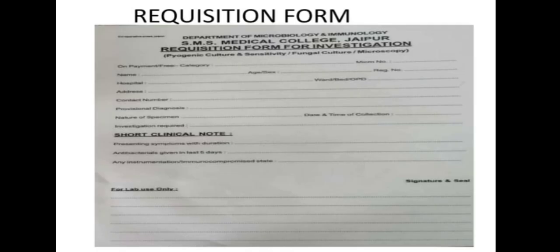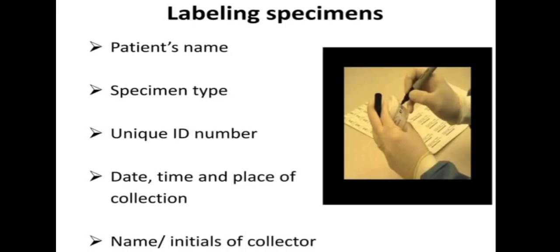This type of requisition form is used. This is one form I have collected from the internet, from SMS Medical College of Jaipur, a Government Medical College form. You take this requisition from your lab administrator, on which you have to mention the patient name.